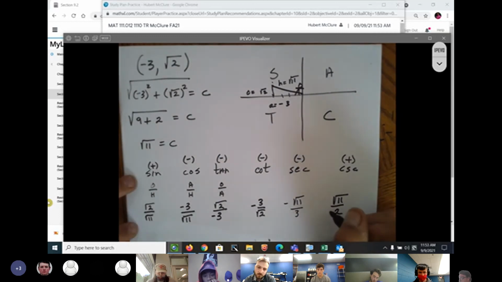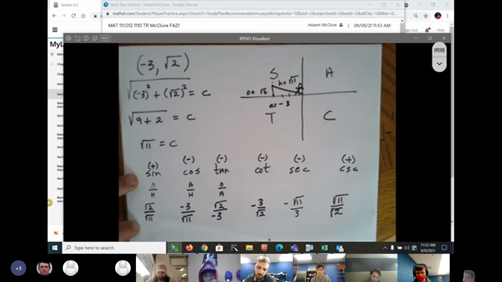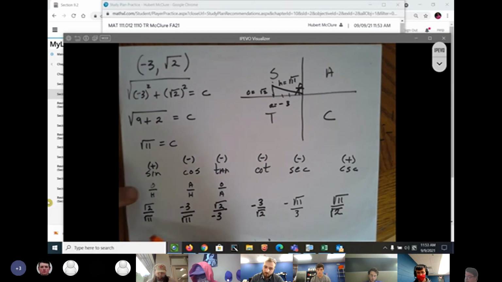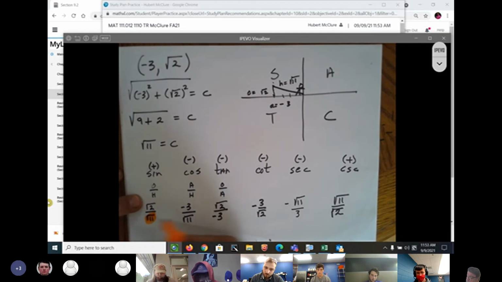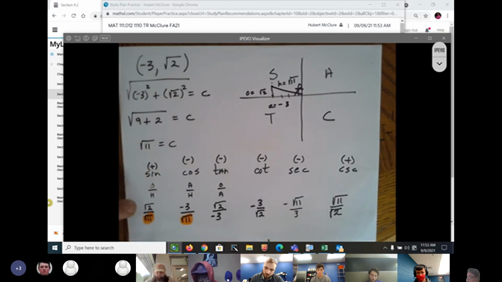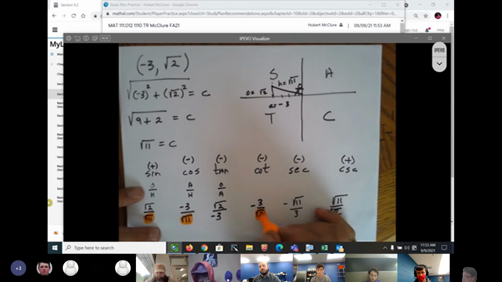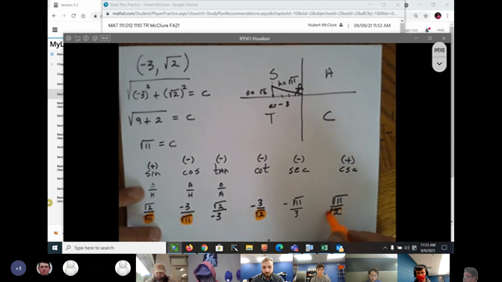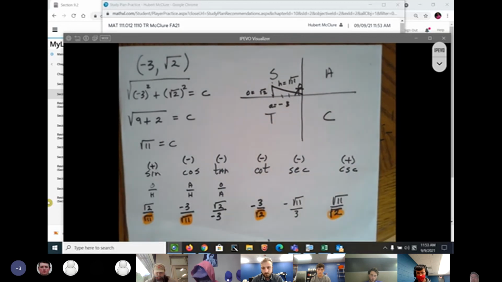Now, of course, we've got a couple of things that just don't work. And that's those radicals. We got a radical here that needs to be addressed. A radical here that needs to be addressed. A radical here that needs to be addressed. And a radical there that needs to be addressed. So we've got to rationalize.